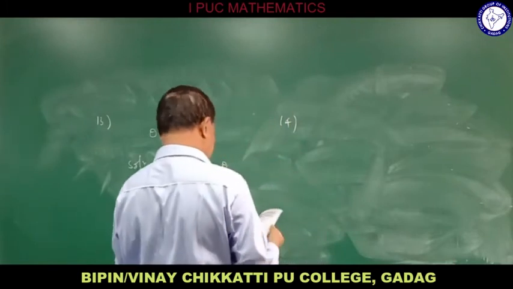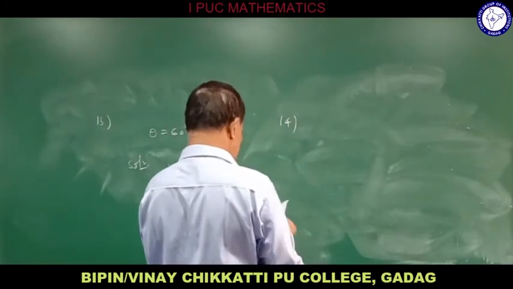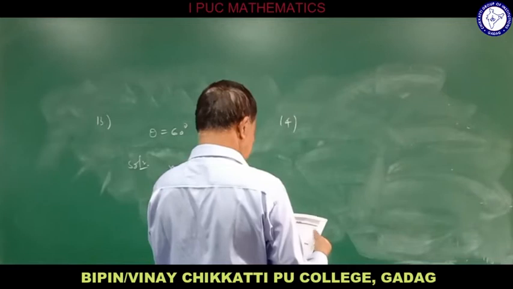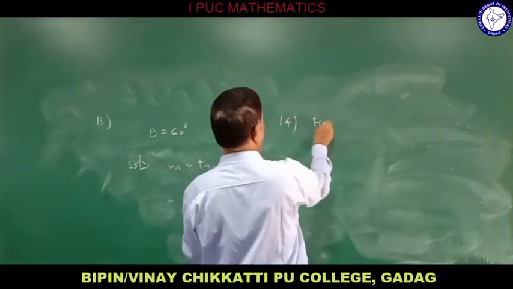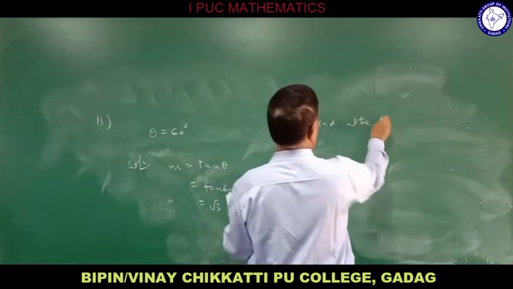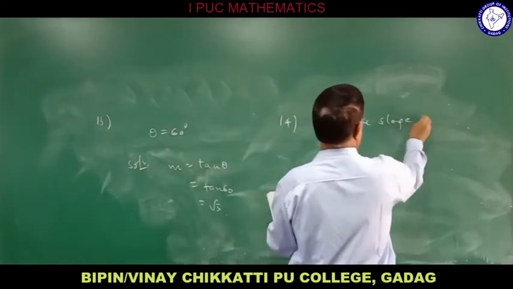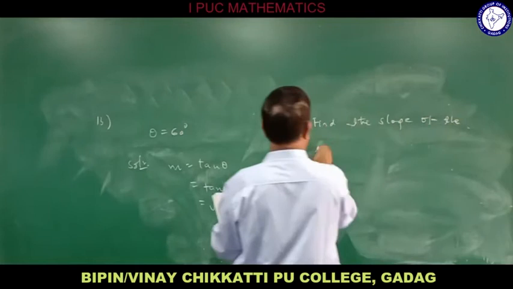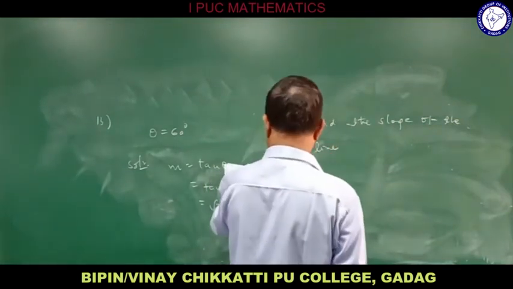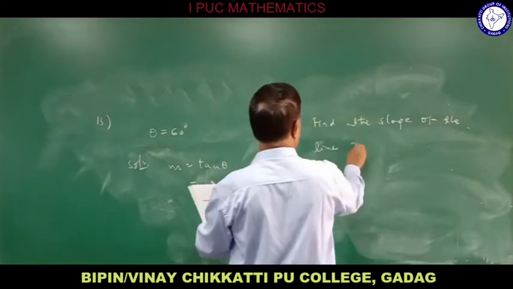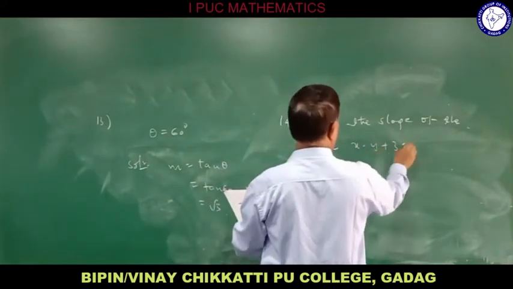Now let us see question number 14 of the next mock set question paper. Find the slope of the line. What is the slope of the line x minus y plus 3 is equal to 0?